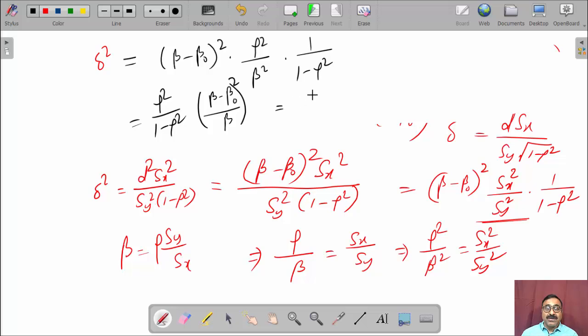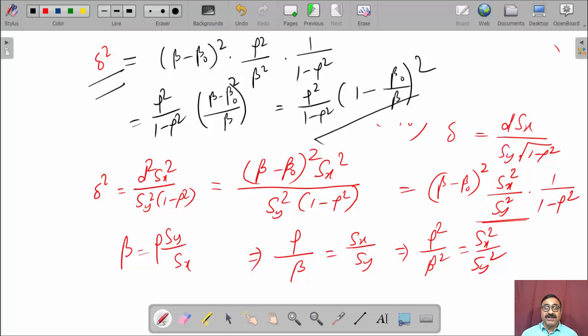So that is equal to ρ² by (1 − ρ²) into (1 − β0 by β) whole square. So thus δ² represents the increase in variance. This is the increase in variance due to using a value β0 instead of using β, the population regression coefficient of y on x. Thus δ² helps us to investigate how β0 deviates from β.